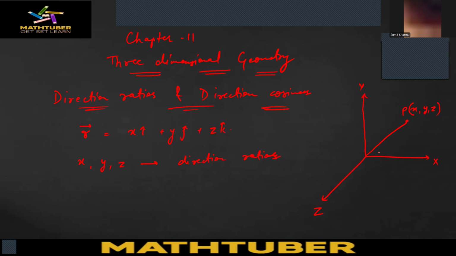These are the coordinates. This is the point P, and this is the vector r vector, that we have taken already, and it is from the origin. Now the angle from the x-axis is alpha, from y-axis it is beta, and from z-axis it is gamma, right? So alpha, beta, and gamma are known as the direction angles.